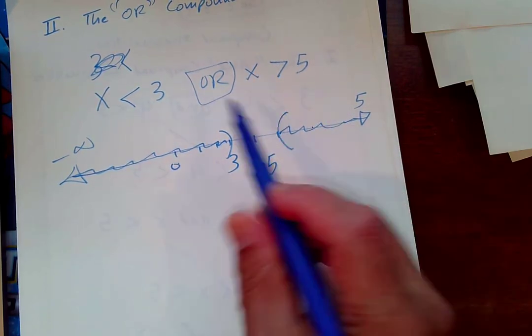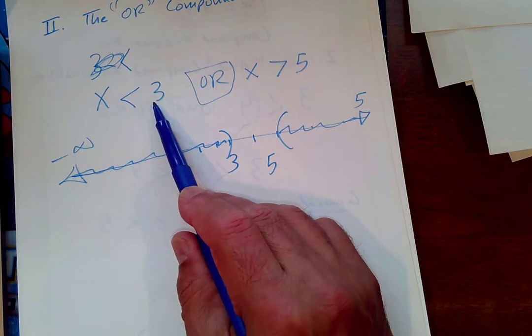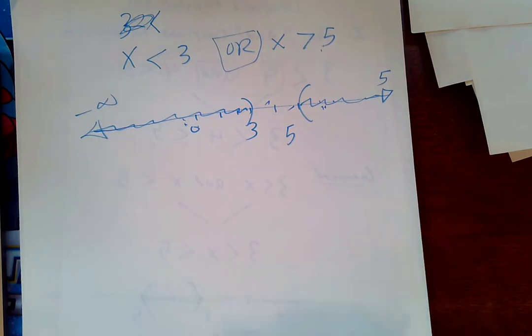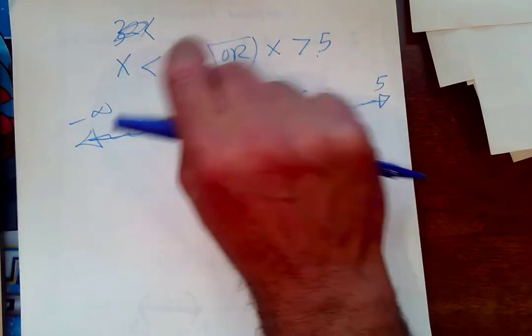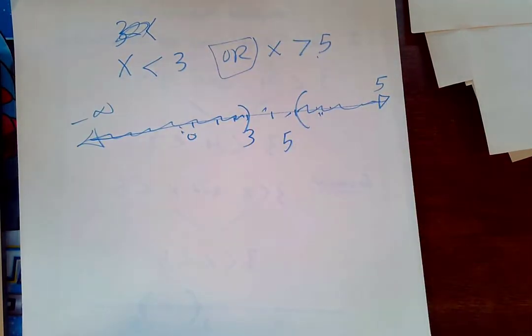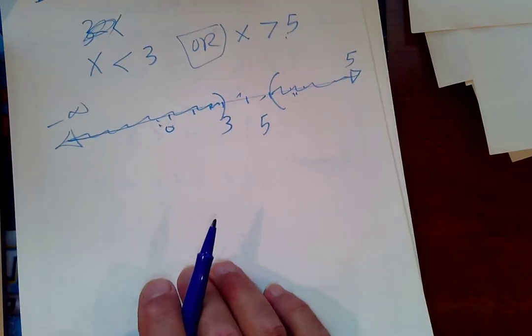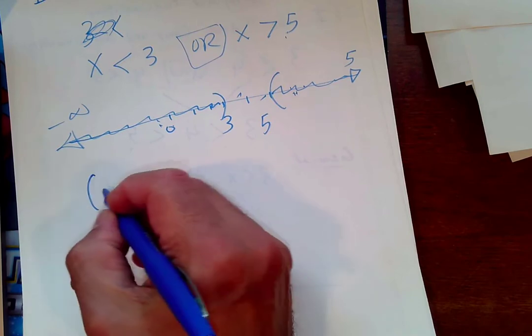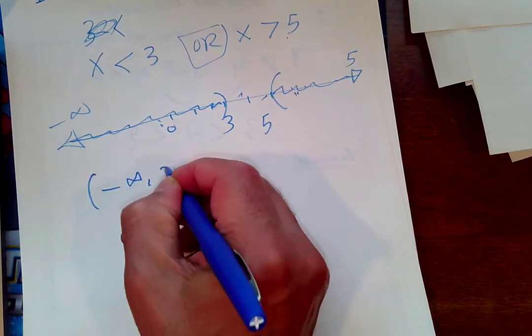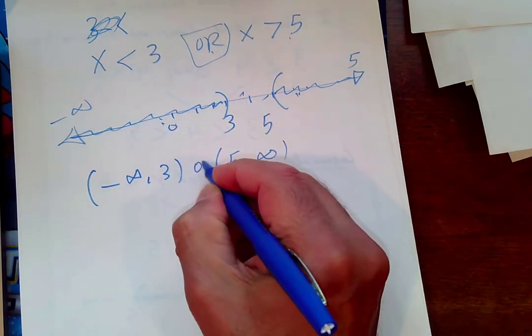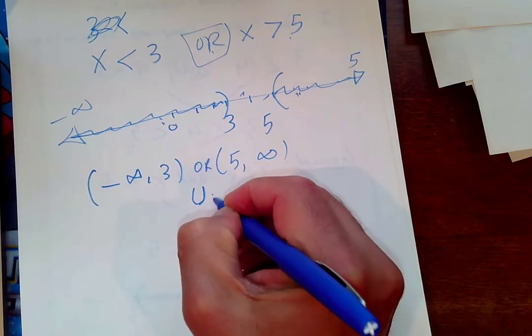If you put a 6, although 6 is not less than 3, it's greater than 5, so it's a solution. Okay? So a solution is any number that satisfies one of these. It doesn't have to satisfy both of them in this case because of the OR statement. The interval notation for this, there's two intervals, negative infinity up to 3, and 5 up to infinity, and we put an OR in between, and in mathematics we use U for union, okay?